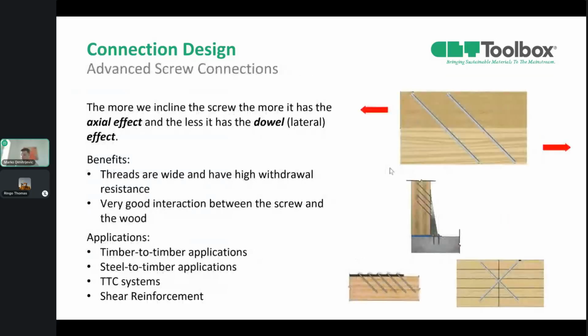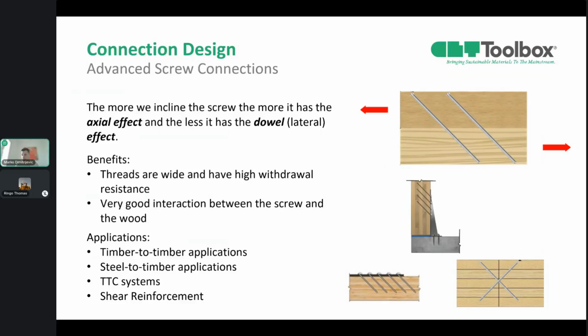And then going further, if we look at the inclined fully threaded screw towards the force, which can take the actual force, the interesting thing is the more we incline the screw, the more it has the axial effect, and the less it has the dowel or lateral effect.